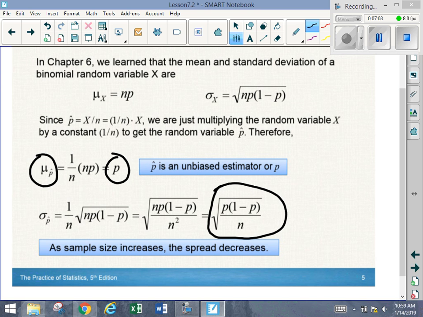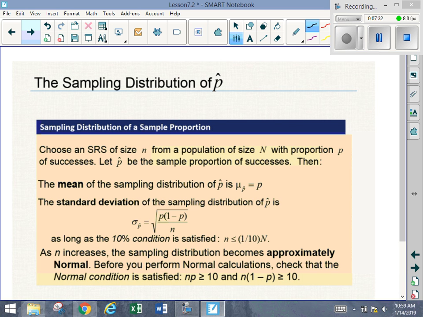These formulas will be what we use, a lot of times, to perform normal probability calculations for population proportion based on some sort of sample proportion. It's kind of an interesting little derivation, but it's not necessary that you know how to do the derivation.